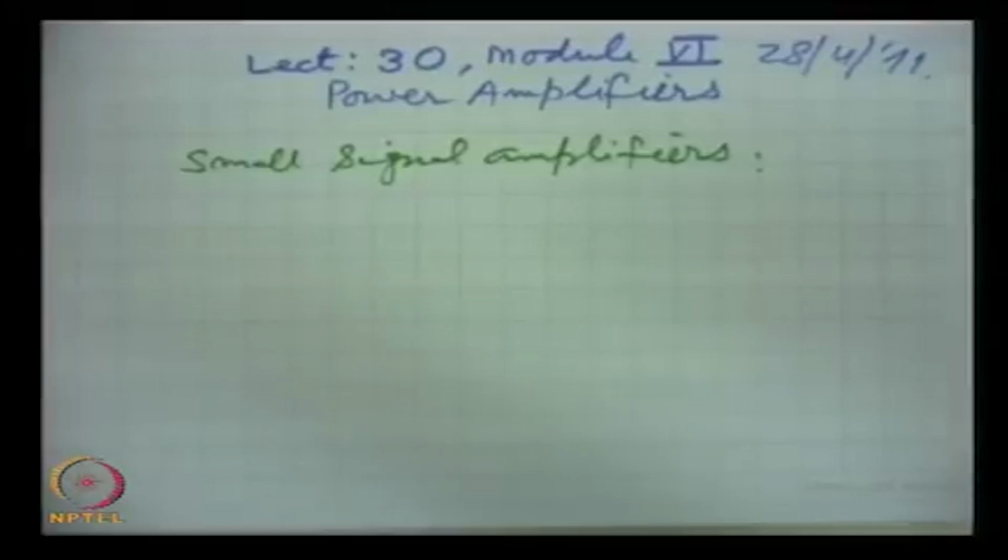So, in all electronic systems the initial stages are small signal amplifiers which are used for data processing and signal processing, and the properties which we discussed in the small signal amplifiers, they are used for the best purpose.